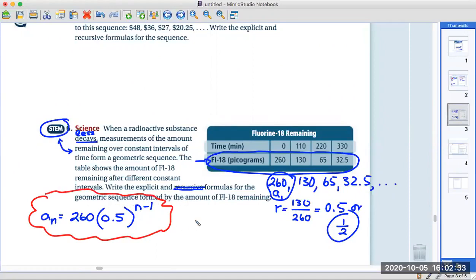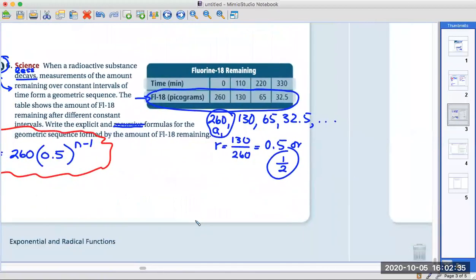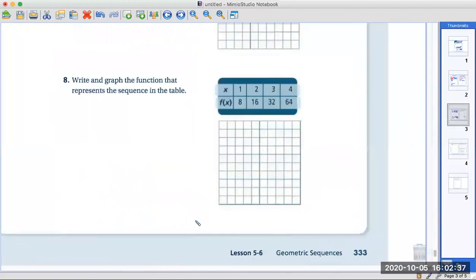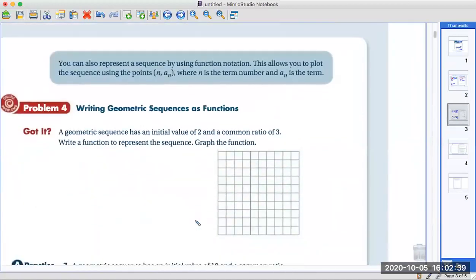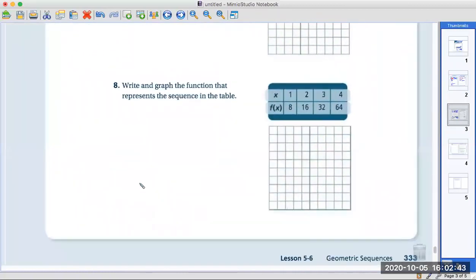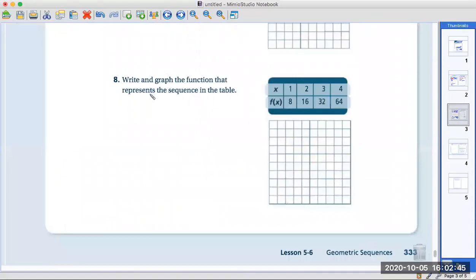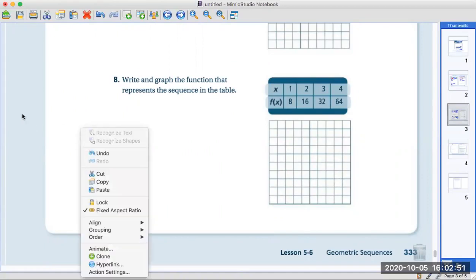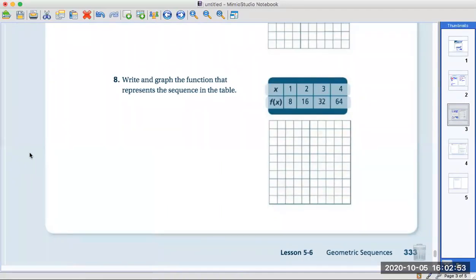So when you read the question, sometimes, you know, I'm gonna do this last problem down here, number 8. Write and graph the function that represents the sequence in the table. So you have two things, write and graph.